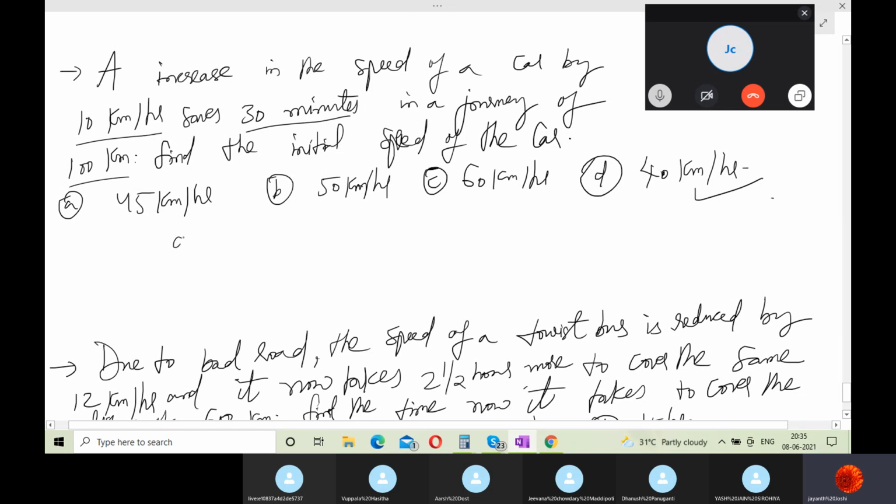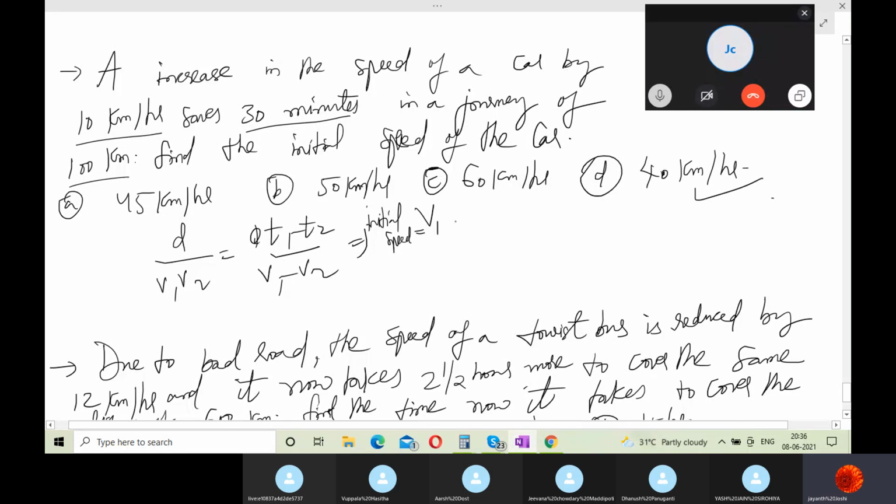So I have given you a relationship, D by V1 V2 is equal to difference in time by difference in speed, correct? Do you know the speed? We don't know the speed. We will take that as V1. Initial speed is V1.